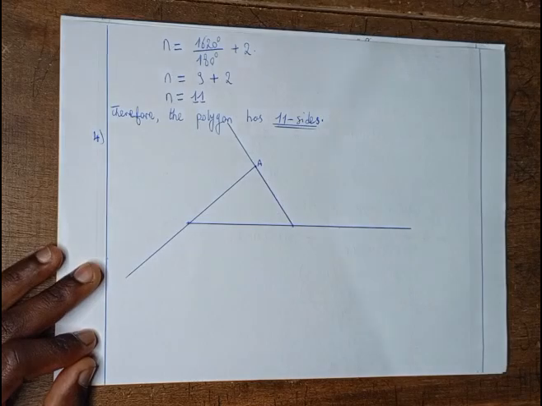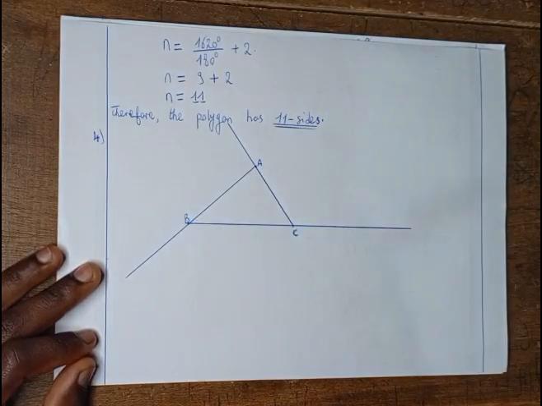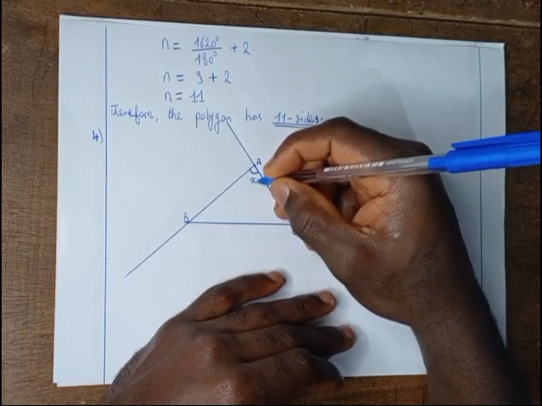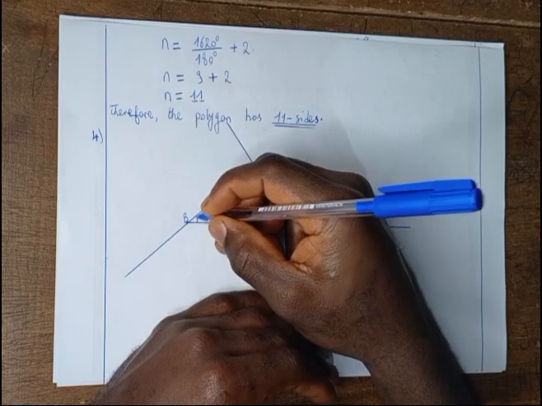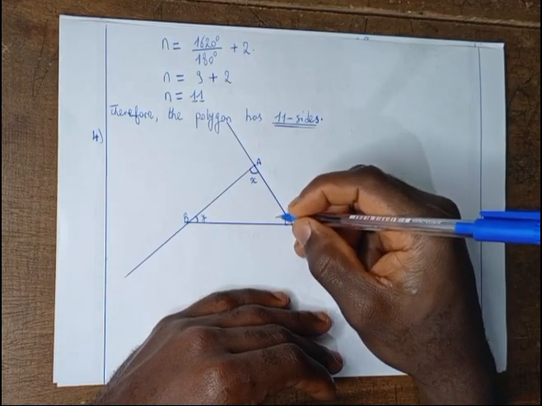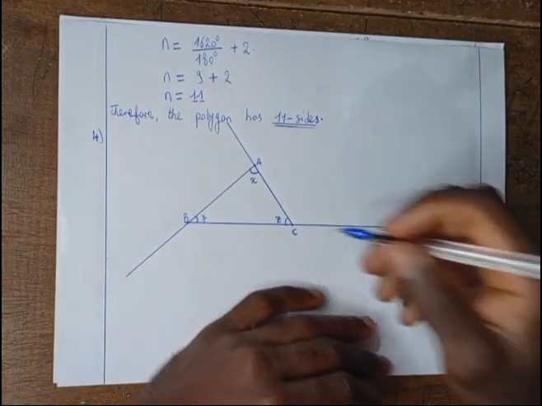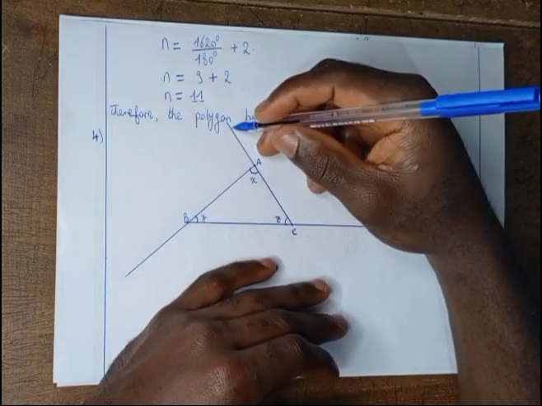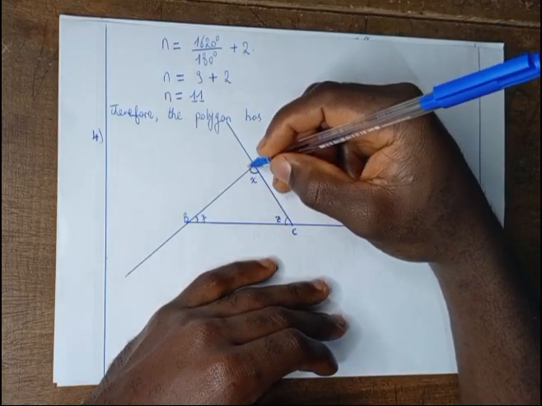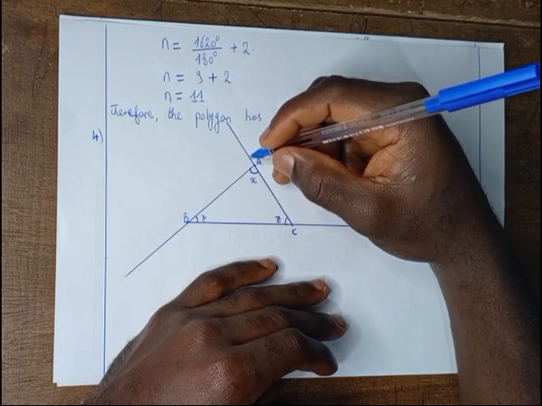A, B, C. This is a triangle. At A, we have an interior angle X. At B, we have an interior angle Y. And at C, we have an interior angle Z. Next thing, we know that these are angles on a straight line, so this angle must be 180 degrees.